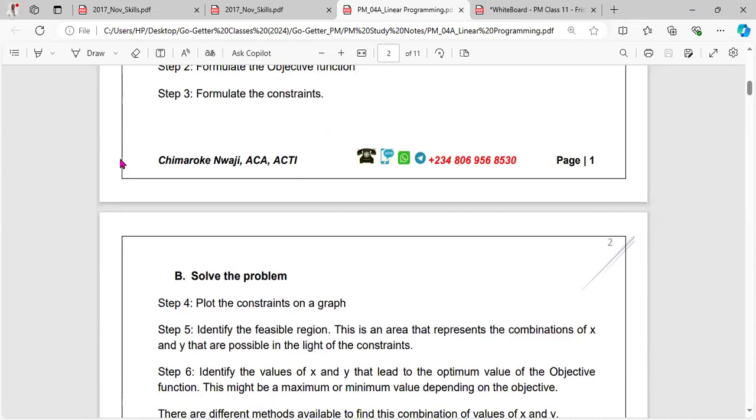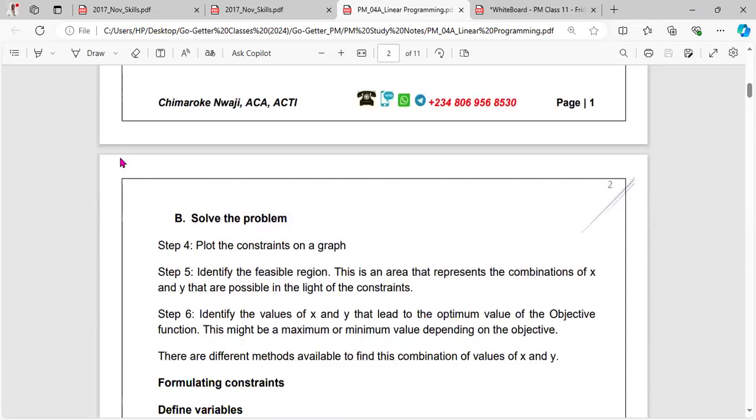Then the second part is to solve the problem. You can use the graphical approach, identify the feasible region, then identify the values of X and Y within that feasible region that will give you the optimal value of the objective function.